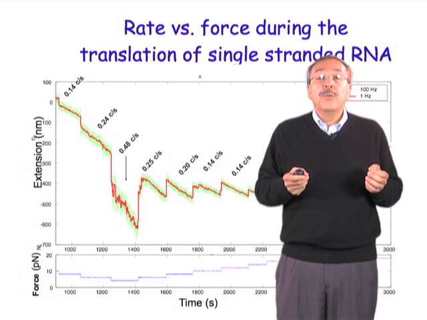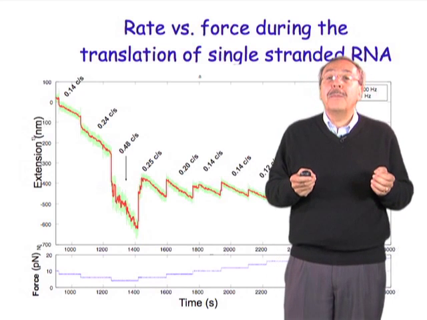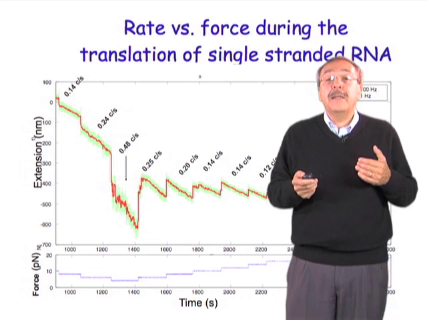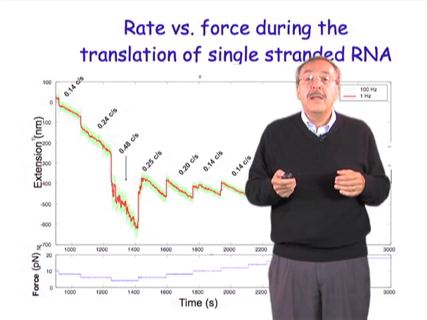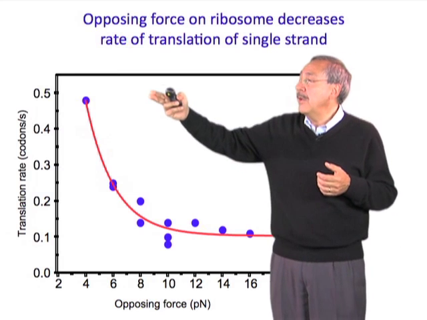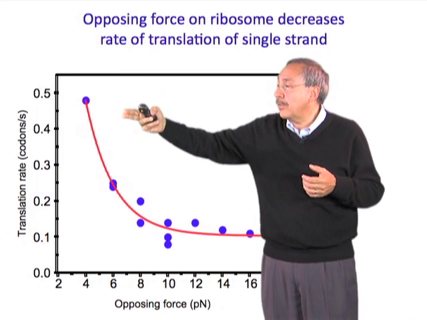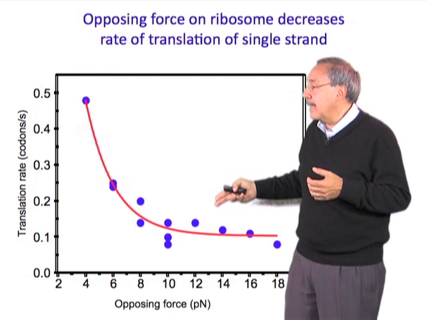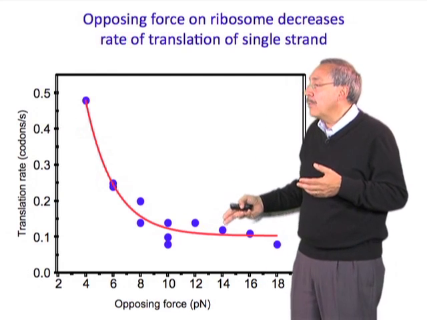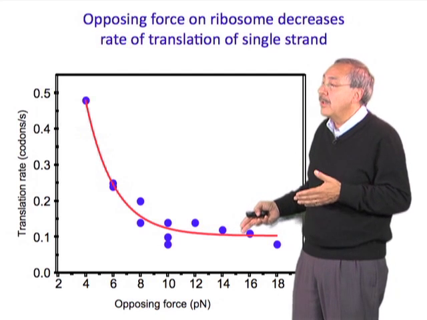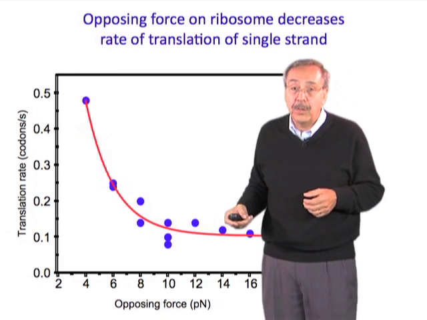In other words, we can study the ribosome as a motor, and we are able to characterize for the first time how this motor, the ribosome, responds to a mechanical load. And here is the answer. You see that actually the rate of translation is quite sensitive to the force applied, and that the ribosome can work against forces around 14, 15 piconewtons, but then at that point, the rate of translation becomes very, very small.